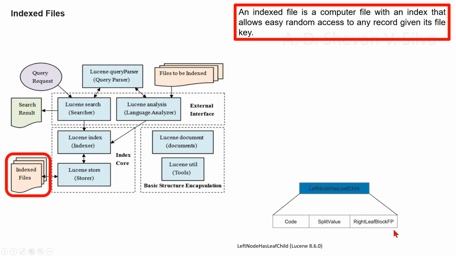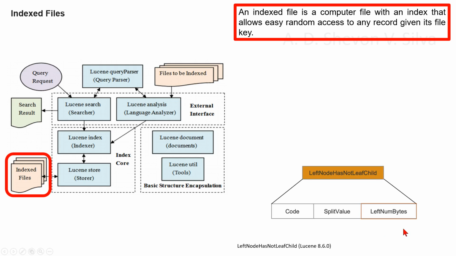Here you can see left node has leaf child. You can see the code, the split value, and right leaf block FP describe the same meaning. The left node has leaf child, consisting of code, split value, and right leaf block FP.